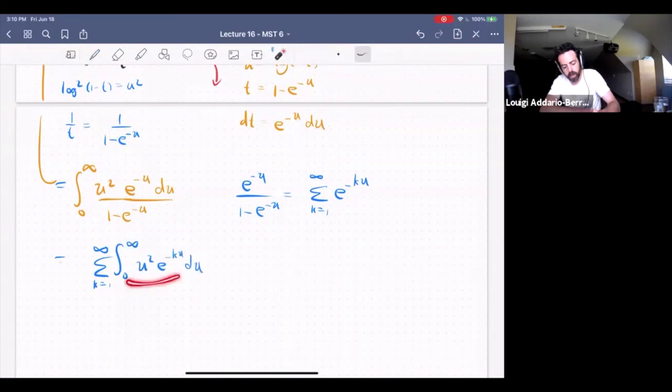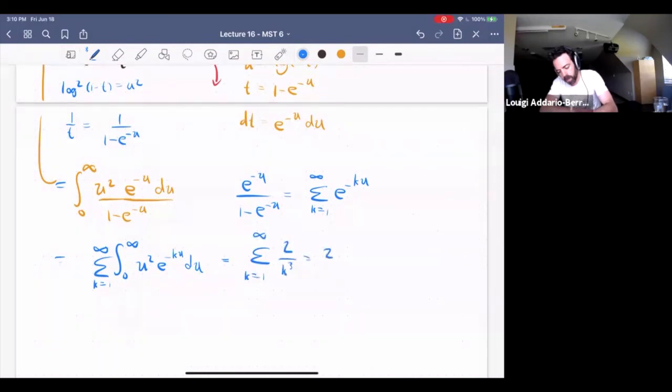And that's just like a gamma integral. Integration by parts tells you that this is 2 over k cubed. So we get the sum from k from 1 to infinity of 2 over k cubed, which is 2 zeta 3.